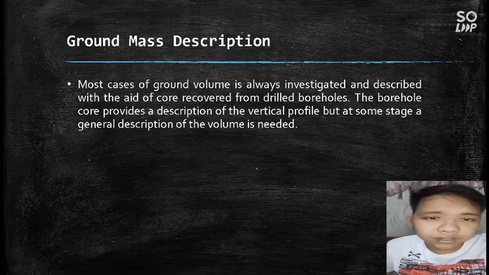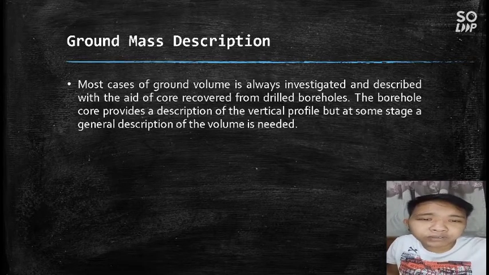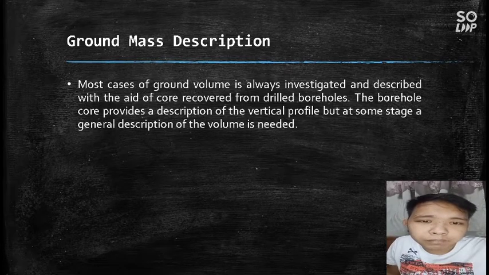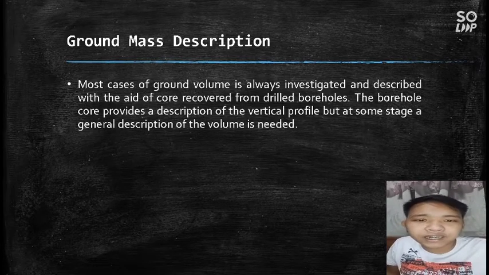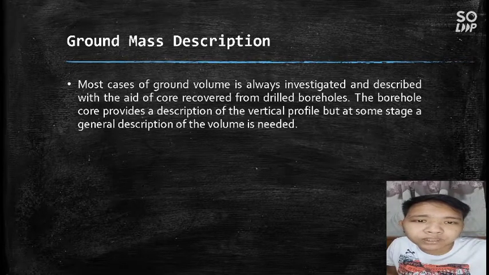This means that ground mass description is often observed because you can see the soil itself, but it needs thorough investigation for you to conclude the stability and strength of the said area.